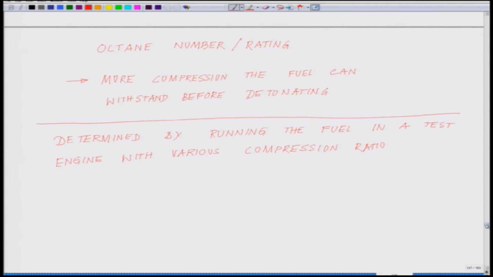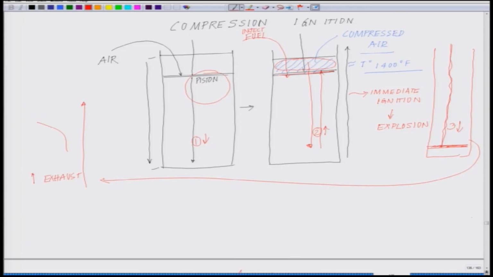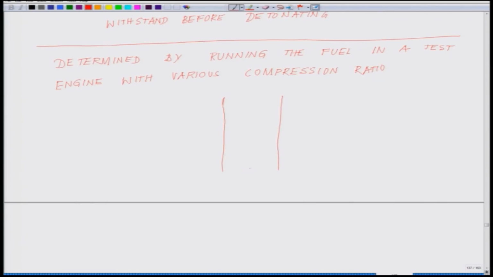So if you go back to the previous diagram, let me redo it for you. Say for example, if this is the piston, this length, which is the length when it fills the whole cylinder, versus upon compression when it goes up, this length, which I am denoting by small l.